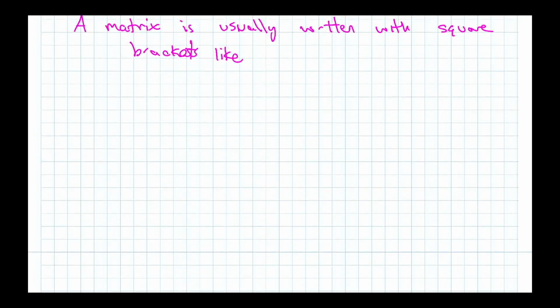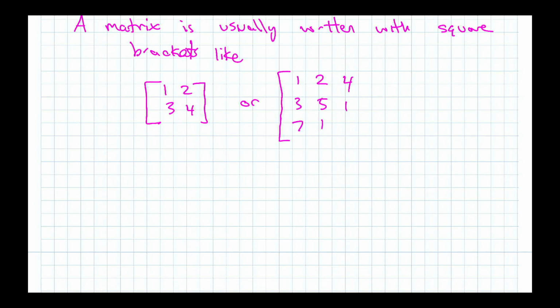For example, 1, 2, 3, 4. That's a matrix. Or you can have a bigger matrix, like 1, 3, 7, 2, 5, 1, 4, 1, 2. It's just numbers in a box. A matrix is usually written with square brackets, at least for us.